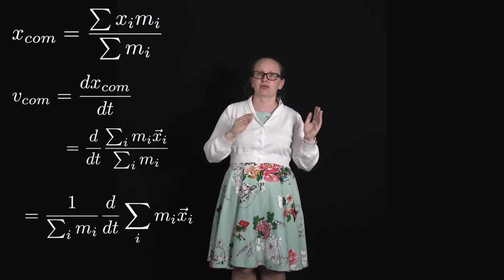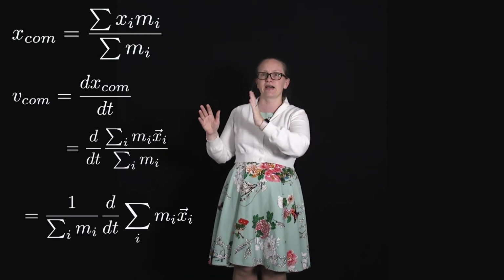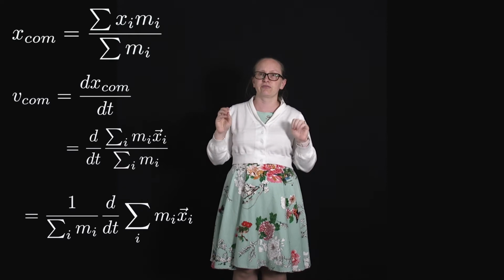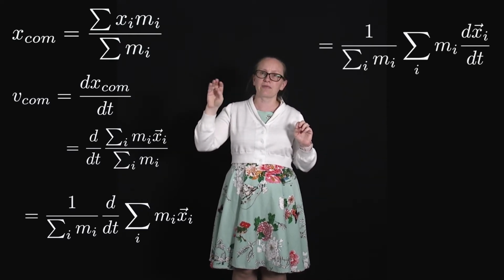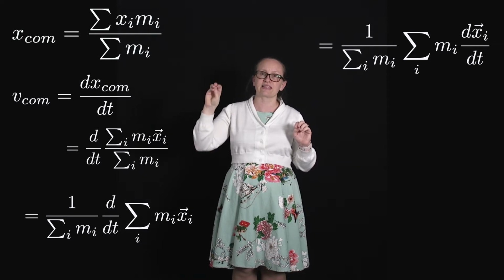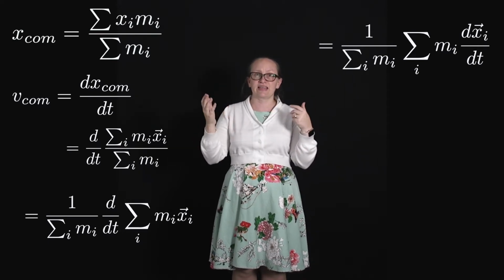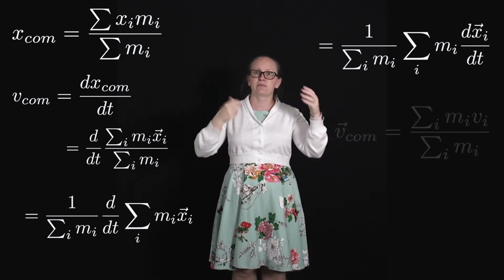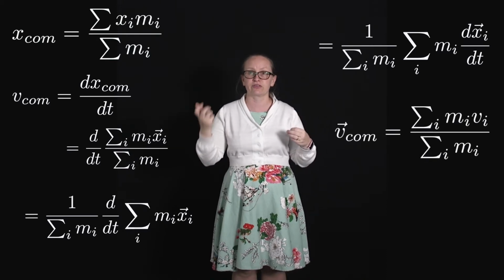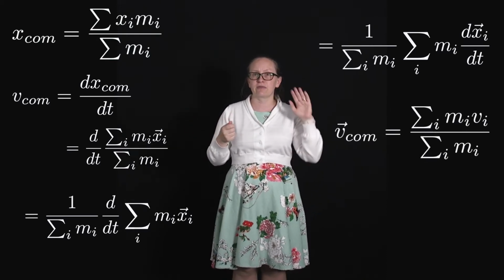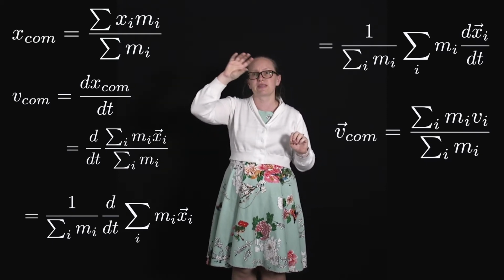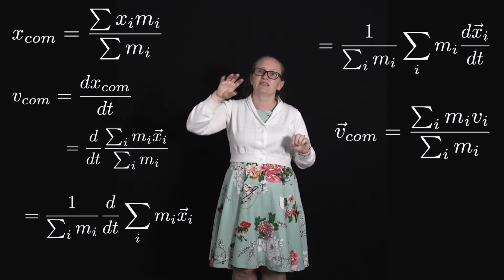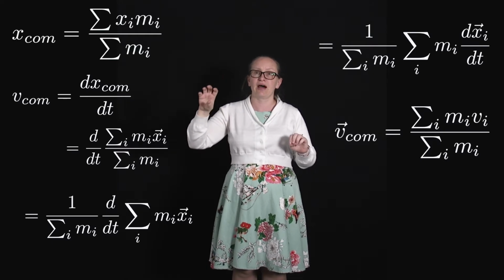The mi's aren't changing, so we can put that derivative inside our sum and write it as 1 over the sum of mi times the sum of mi times dxi/dt, and dxi/dt is just vi, where vi is the speed of each of those particles involved. So we end up with v for the center of mass is equal to, up the top, the sum of mi vi divided by the sum of mi.